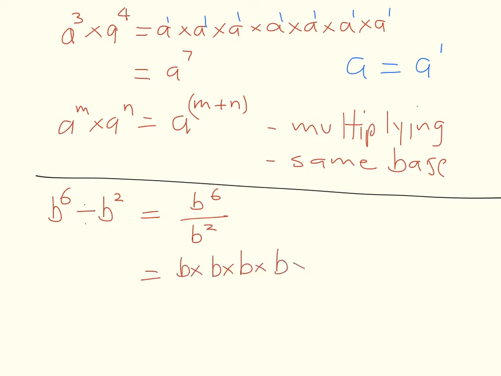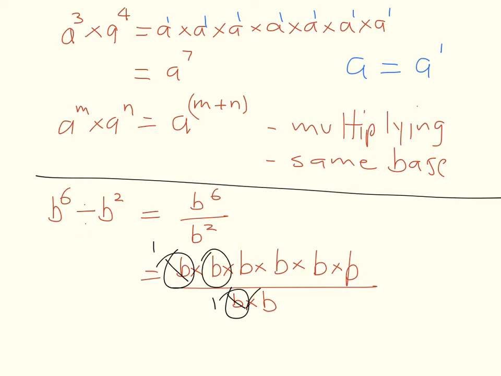You see why it's good to have these rules, because it will save us a lot of time and writing. Now what ends up happening is I've got b divided by b, which of course doesn't give me 0, it doesn't just disappear, it gives me 1 over 1. Same deal with those ones, I get 1 over 1. So I'm left with b times b times b times b, which is b to the power of 4.